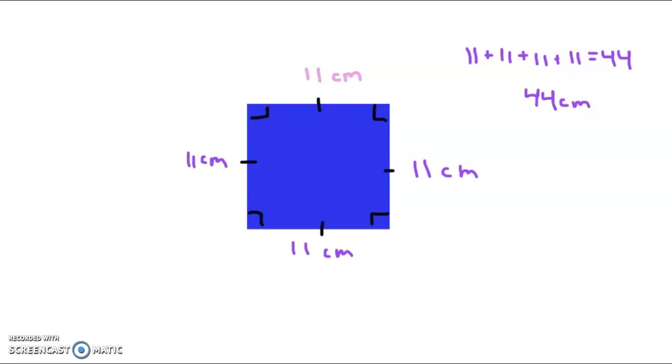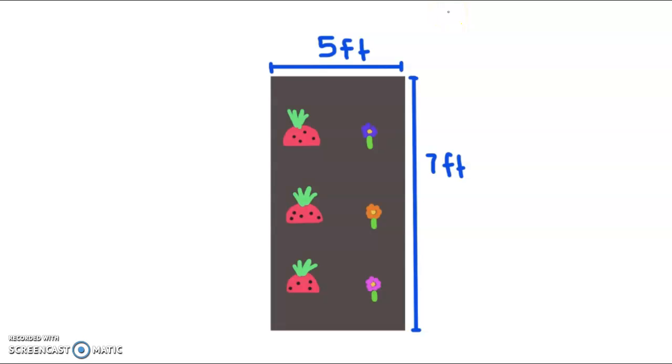So now, let's say I wanted to put a fence around my garden. My garden has a length of 7 and a width of 5 feet. I need to measure the distance around my garden to see how many feet worth of materials I need for a fence around my garden. So we need to find the perimeter of my garden.